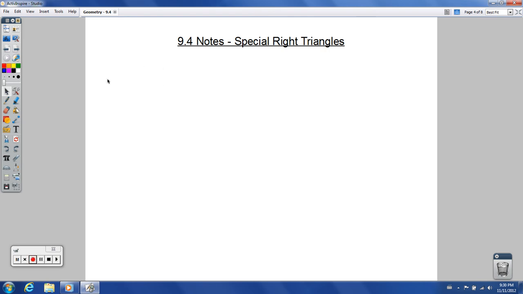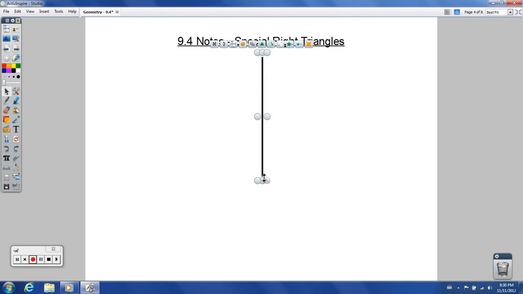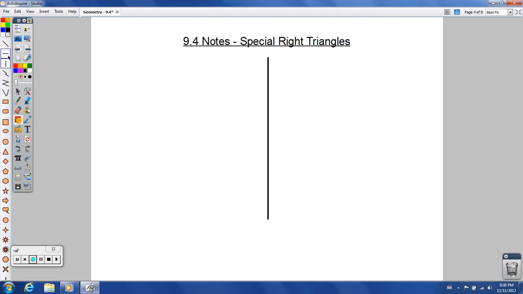So let's check out, first of all, our two new theorems. This pen still skips on me sometimes and I don't know why. But here are the two special types of right triangles that we're talking about in this lesson.